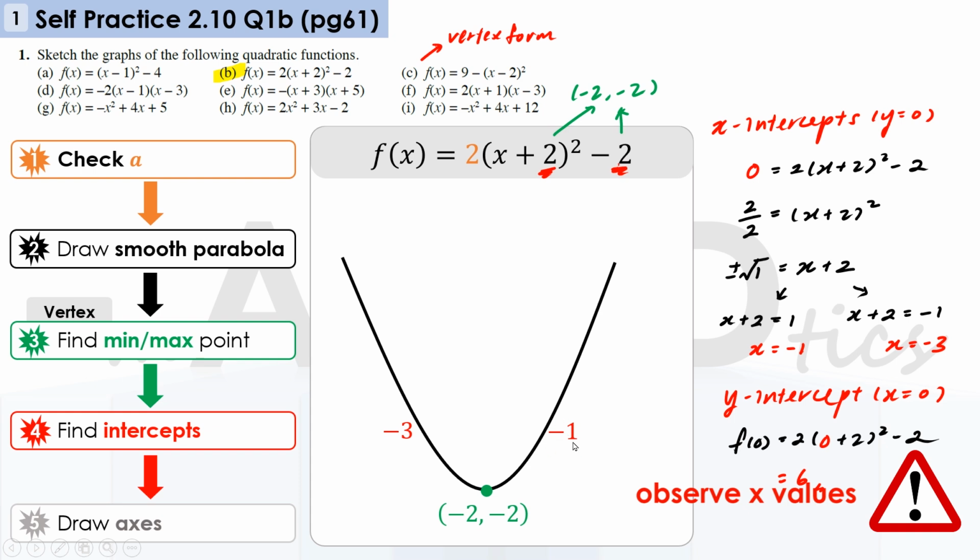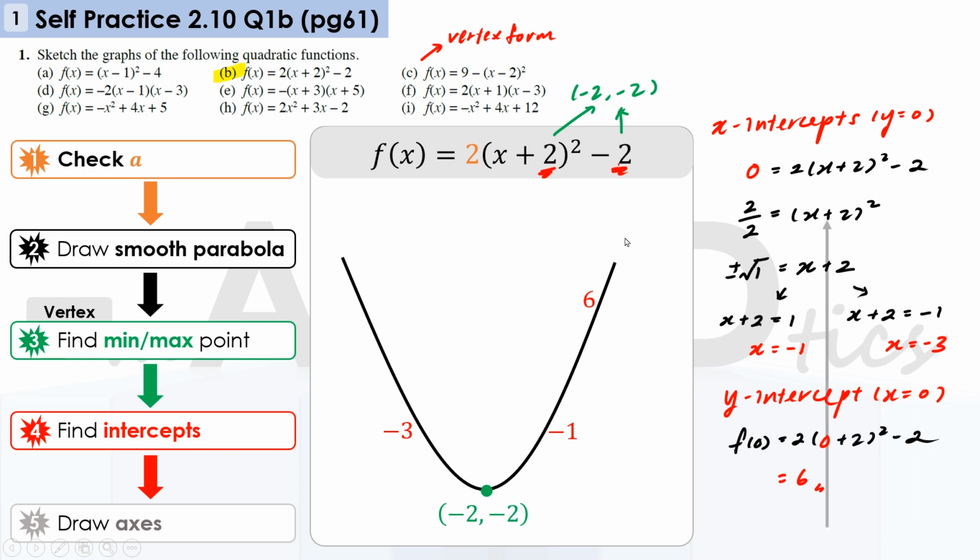Because it's closer to negative 1, I'll put the 6 on the right side of the curve. Then we can go to the last step, which is to draw our axes. For the y-axis, I'll just put it on the y-intercept part, and the x-axis at the x-intercepts part. Then I will just label them. And this will be my graph.